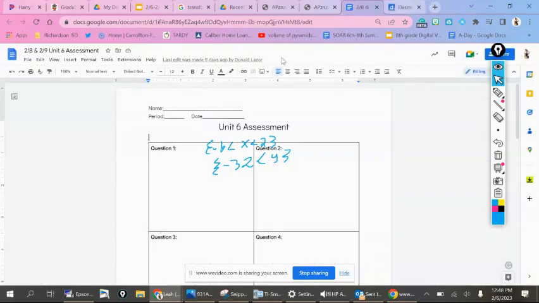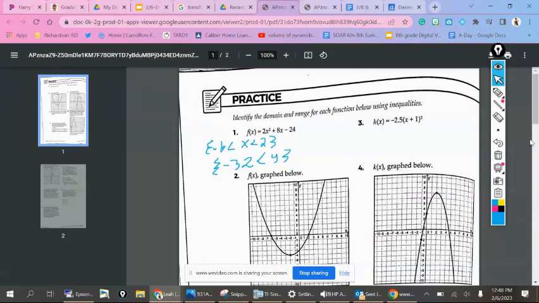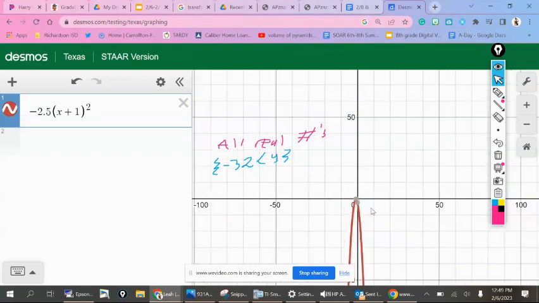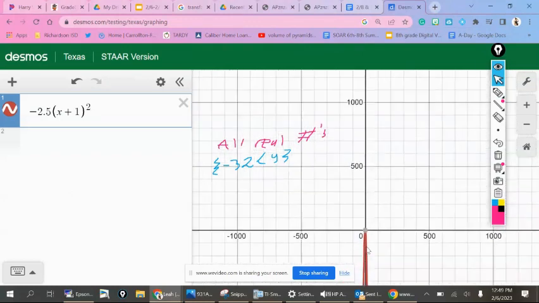actually, I lied to you guys. I'm sorry. Scratch this. This x value is going to be all real numbers, because when I did this first one, the x is never ending. Same with this one. These things go on, if I keep zooming out, they go on forever.